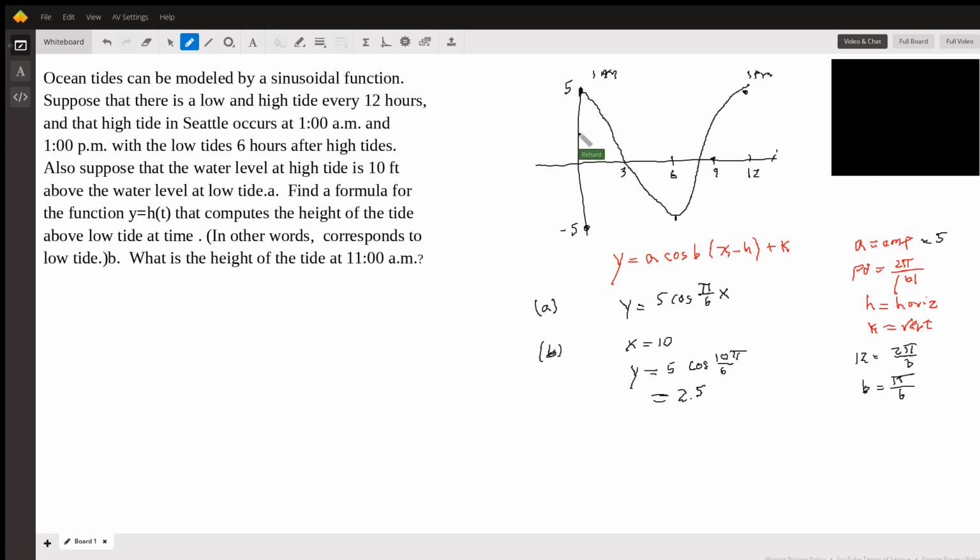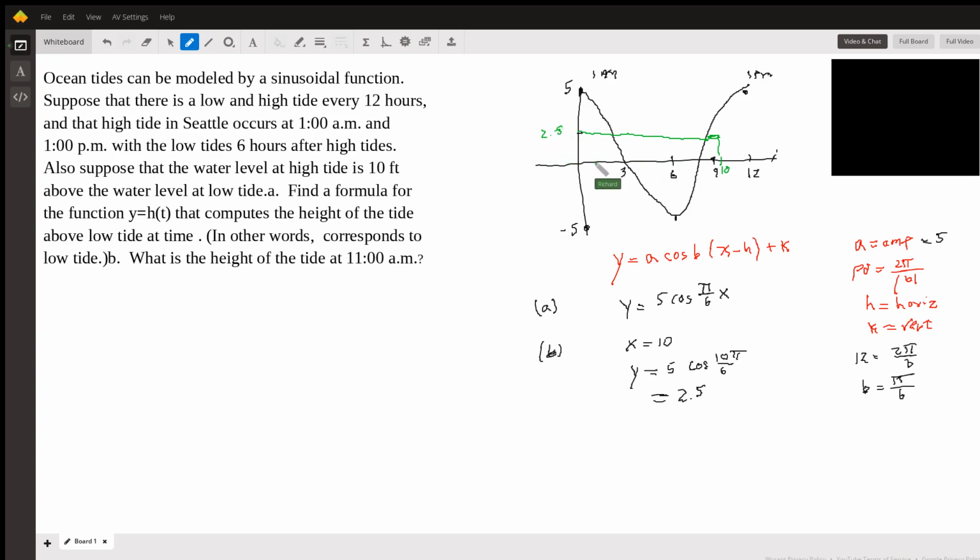So that's 2.5 here, and we're looking at 10, which is roughly about there. The sketch is not precise, but it's a reasonable answer, 2.5.